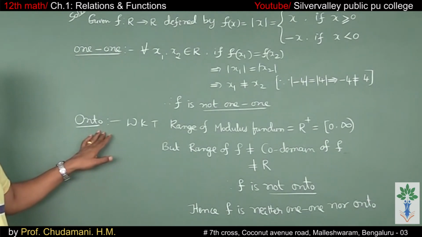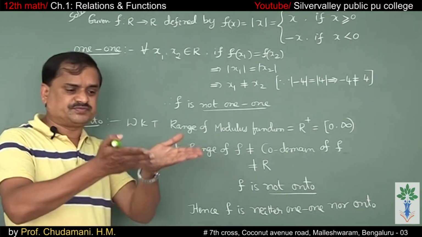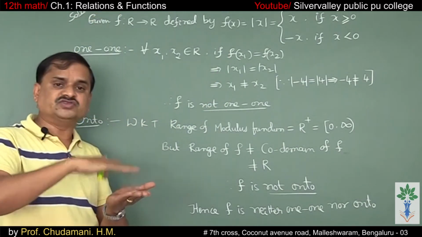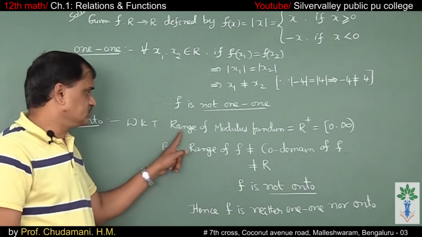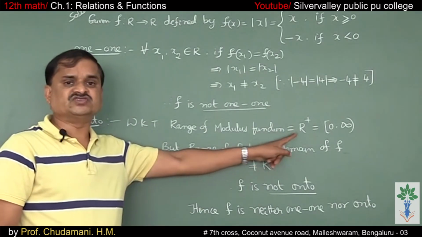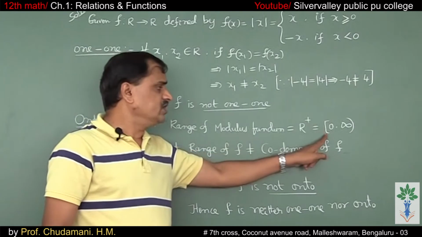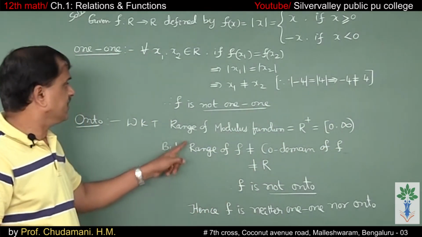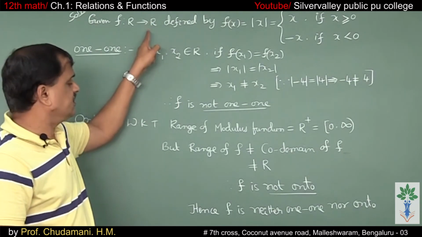Let me verify onto. See, for the modulus function, the output is positive, right? So, including 0 up to plus infinity. So, the range of the modulus function is R plus, including 0, excluding infinity, 0 to infinity. But the codomain is real numbers here.